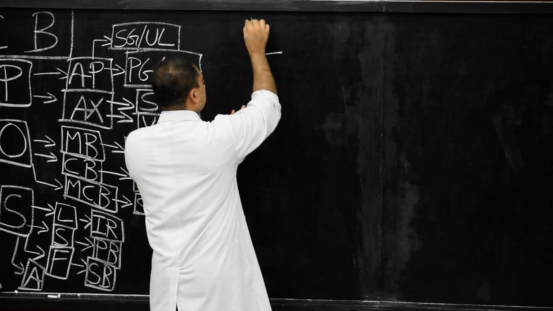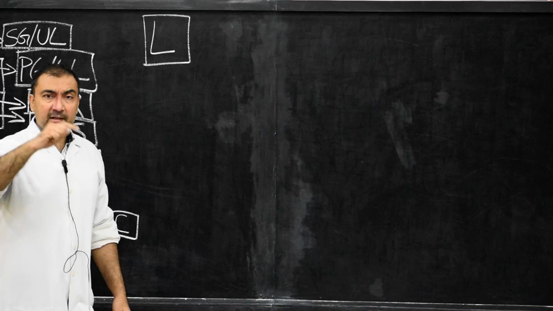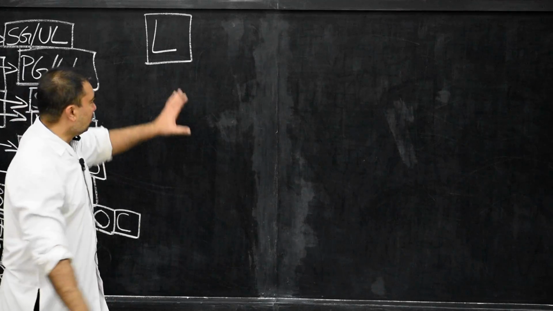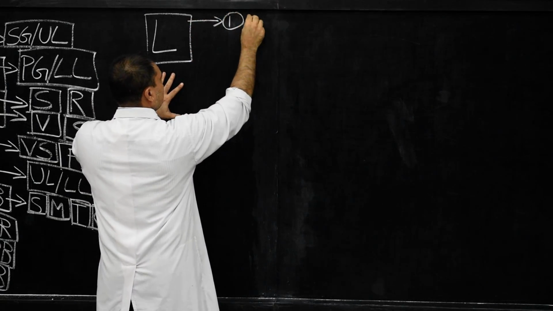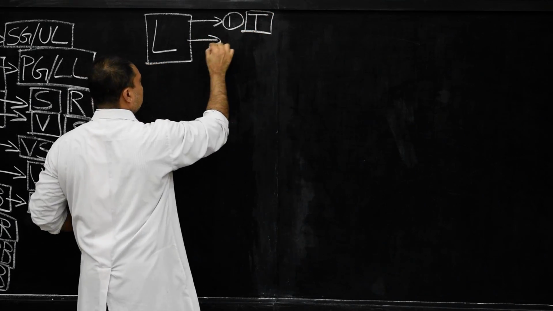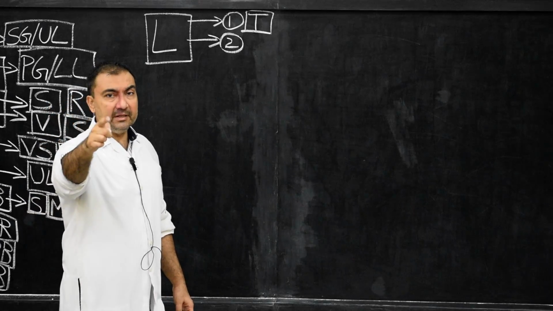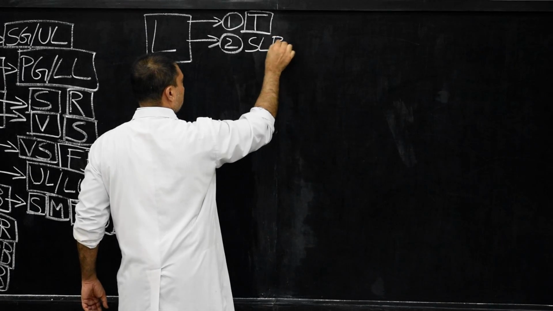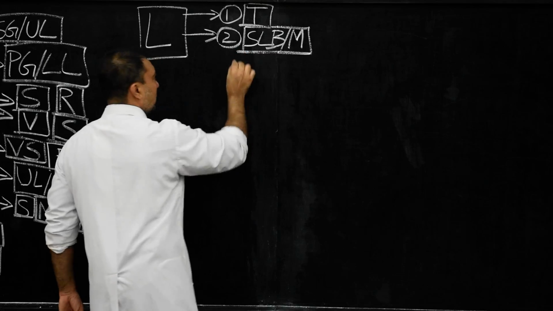In case of long bones, they are categorized into three subcategories. The first category will be the typical long bones. Second category will be short long bones or miniature long bones.